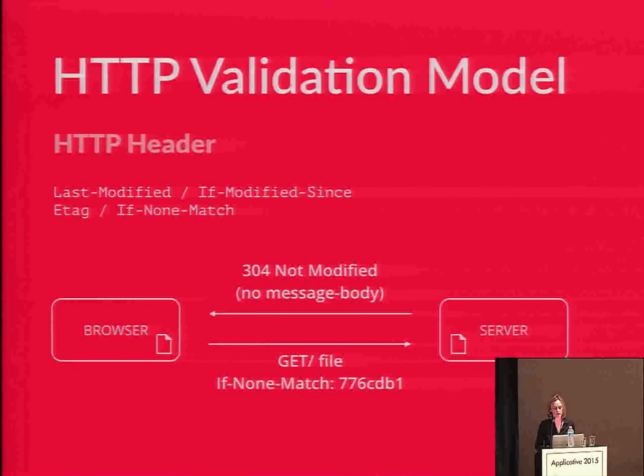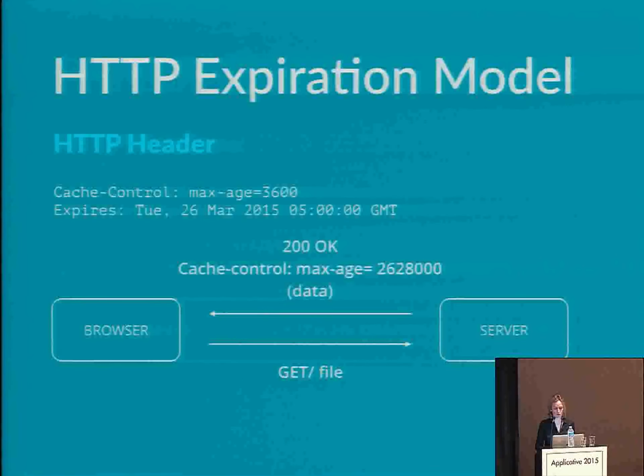It's going to say, I need this file, and If-None-Match, the ETag you received from the server the last time. If the file didn't change, the server is going to send back a 304 Not Modified response, which basically has an empty body. So it's a very lightweight response. This way you don't have to re-download the file. You're just getting back: use what you have.